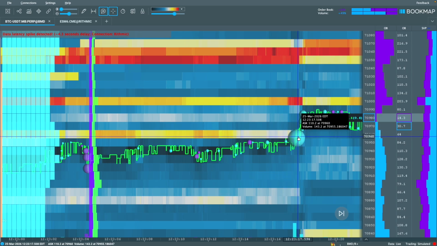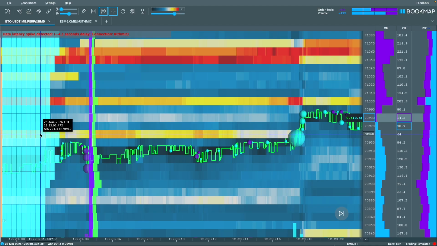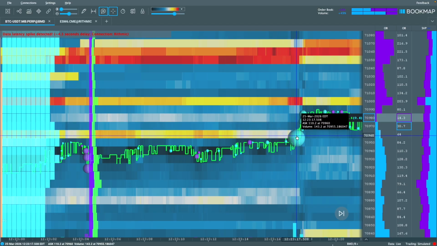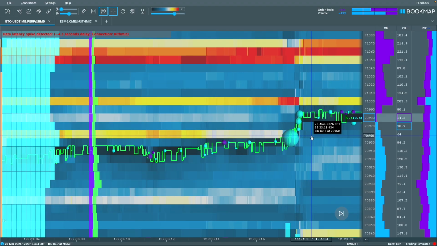So now you see the ask right here in this zone was 110, meaning that this wall was only 110 Bitcoin, where this bubble was 143. So it ate through it and consumed what was left after they pulled from 200 something back here to 110 right here. So that matters.